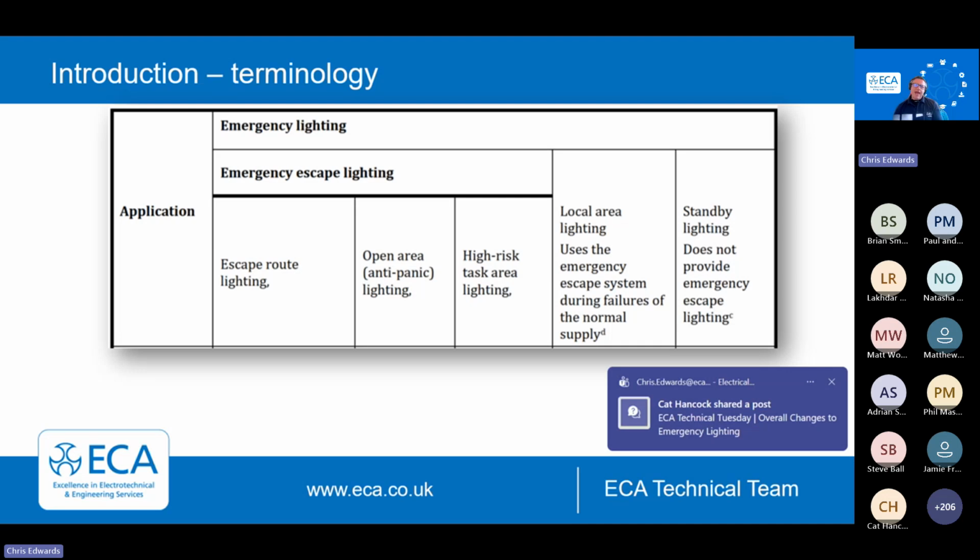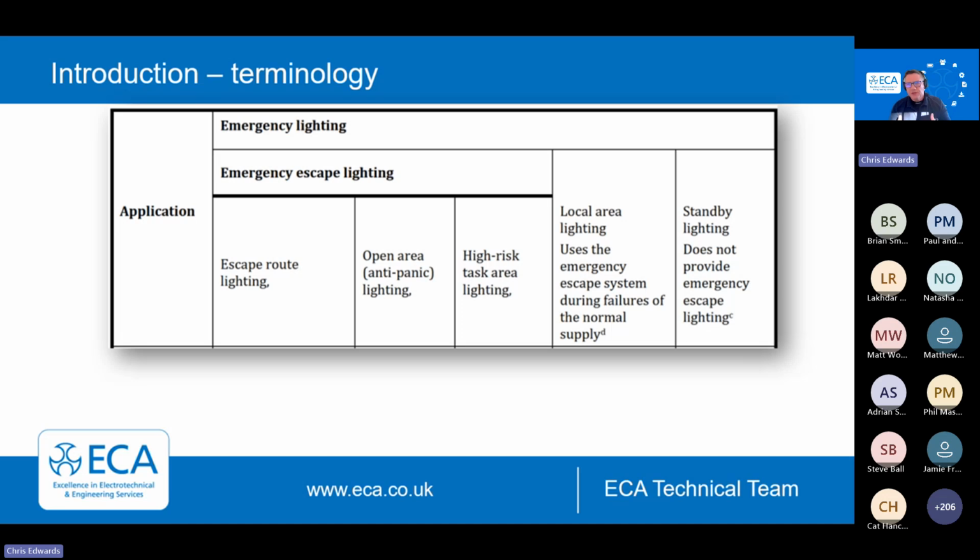Okay, and finally, before we move on, sometimes when I was looking through these documents, I thought, oh, the terminology can get a little bit confusing, particularly with emergency escape lighting and emergency escape route lighting. And I just wish to highlight that there is a difference. Sometimes the standards aren't brilliant because they intersperse the two, and sometimes it's not always that clear, but this is the intent here.